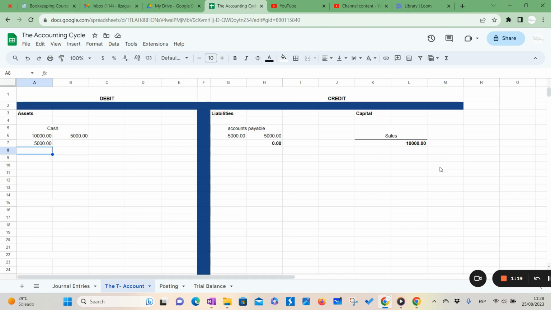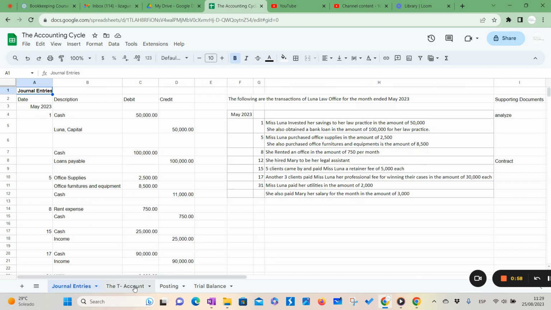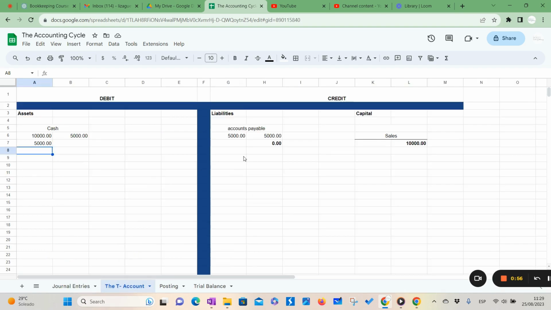So after the grouping, the postings of all the accounts from the different transactions of the business, we are now ready to prepare the trial balance. So let us now post all these journal entries to the accounts.